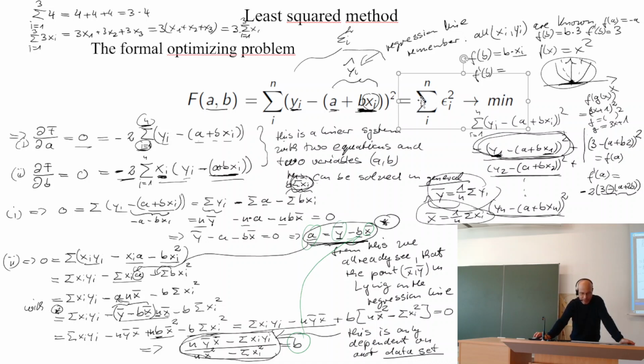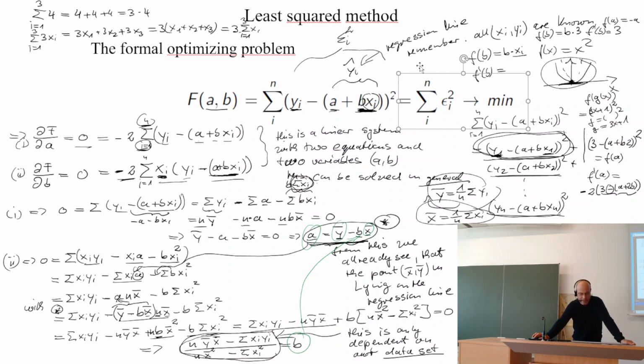I introduced that our aim is to minimize the sum of all squared distances of the data points with respect to the, at that stage not yet known, regression line. From this minimization we obtain the vertical axis intercept and the slope of our regression line.